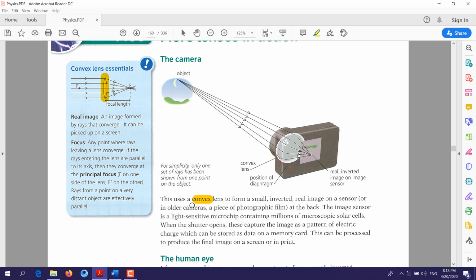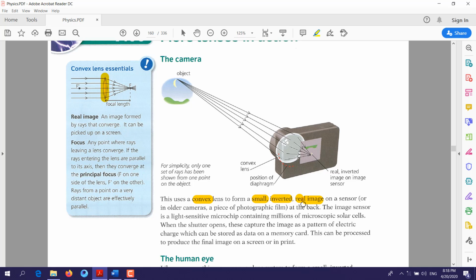So the camera uses a convex lens to form a small inverted real image. So the kind of image formed in a camera is a small, inverted and real image.